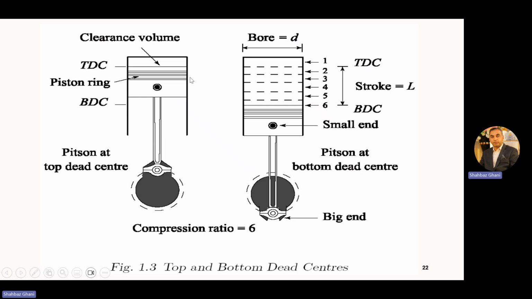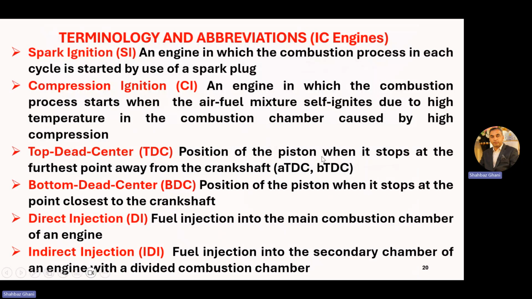At this location or at this location, we will say after TDC. So remember this, ATDC and BTDC. Bottom dead center: position of the piston when it stops at the point closest to the crankshaft. This is the furthest point and this is closest to the crankshaft, the bottommost.